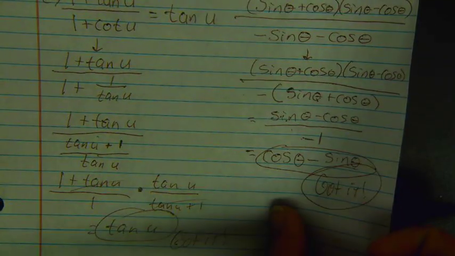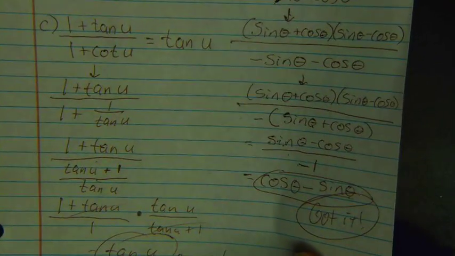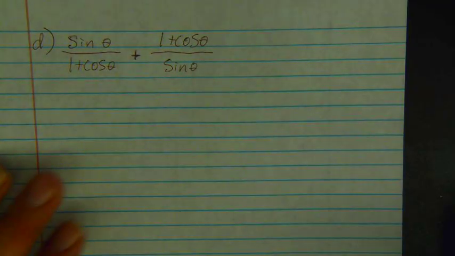Okay, let's go to D. Let's try sine theta over 1 plus cosine theta plus 1 plus cosine theta over sine theta.